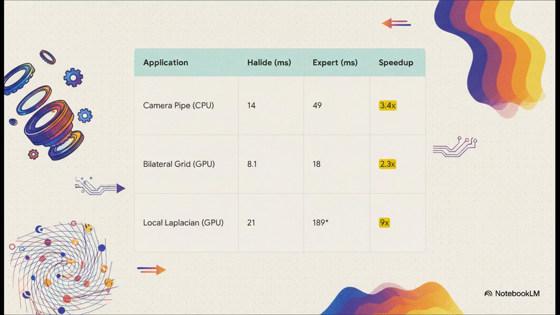Okay, and the results? Well, they pretty much speak for themselves. I mean, look at this. In every single case, the code that Halide's auto-tuner came up with just blows away the code written by a human expert. We're talking more than 3 times faster on a CPU, over twice as fast on GPU. But then you get to the really complex stuff, like this local Laplacian filter. And the result there is, it's just staggering.